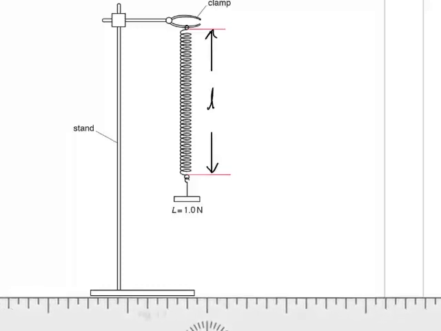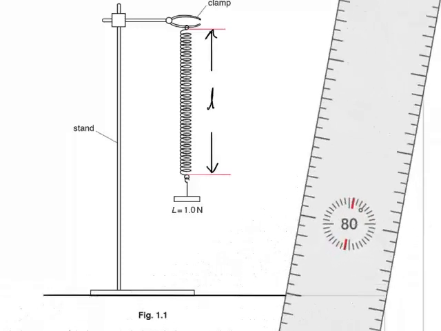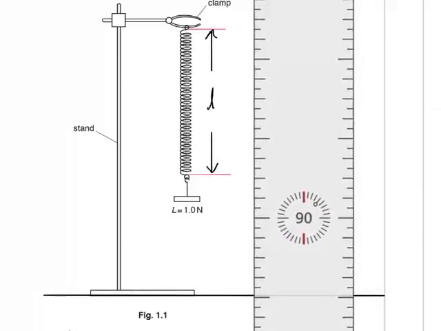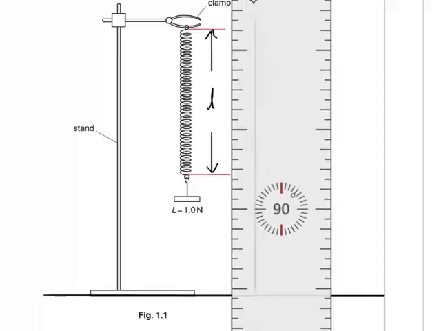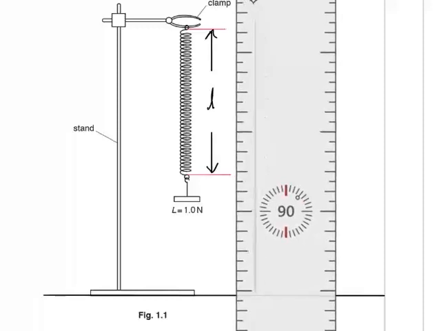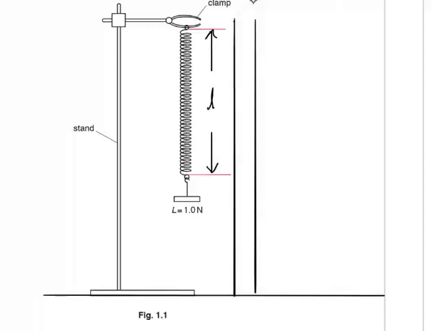If we follow our practical exam, this will be our bench. So the ruler will be placed vertically. I don't think you have to put the clamp. All you need to do is to draw the ruler. Okay, so that will be your ruler.